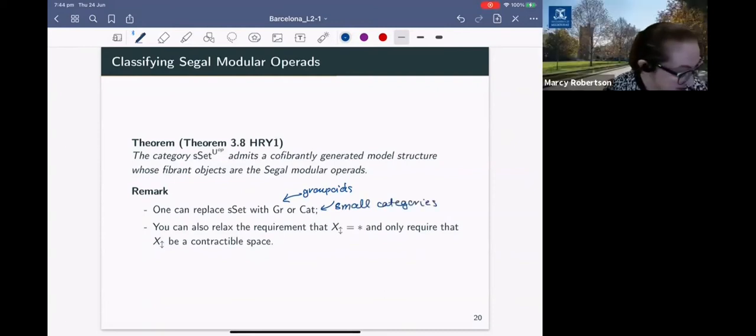All right, so we've been talking a lot about groupoid operads and groupoids in this workshop, and so same thing, we're going to talk about modular operads and groupoids in just a moment. And everything that I said works fine in the same exact way. Right. So that's good to know.